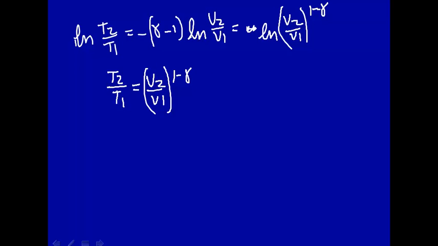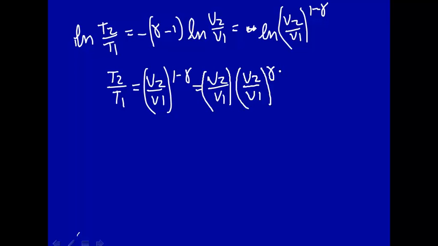And remember, x to the a plus b is equal to x to the a times x to the b. So we can write this as V2 over V1 raised to the first power times V2 over V1 raised to the gamma power.